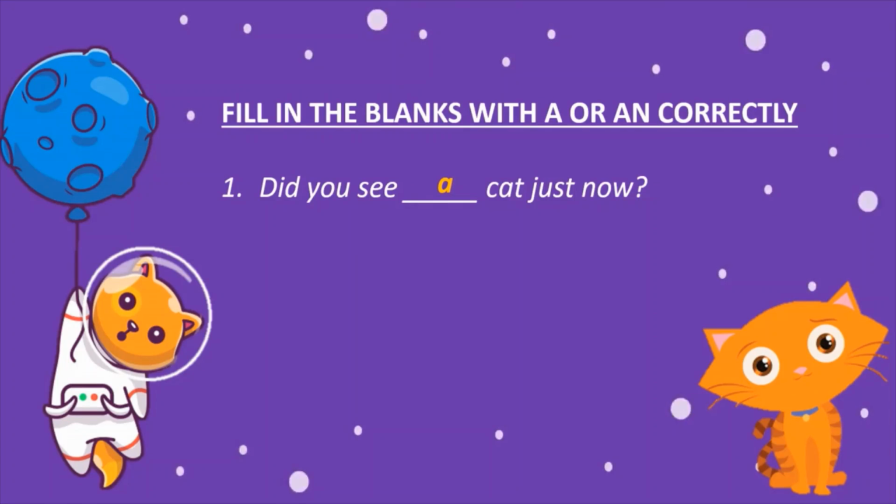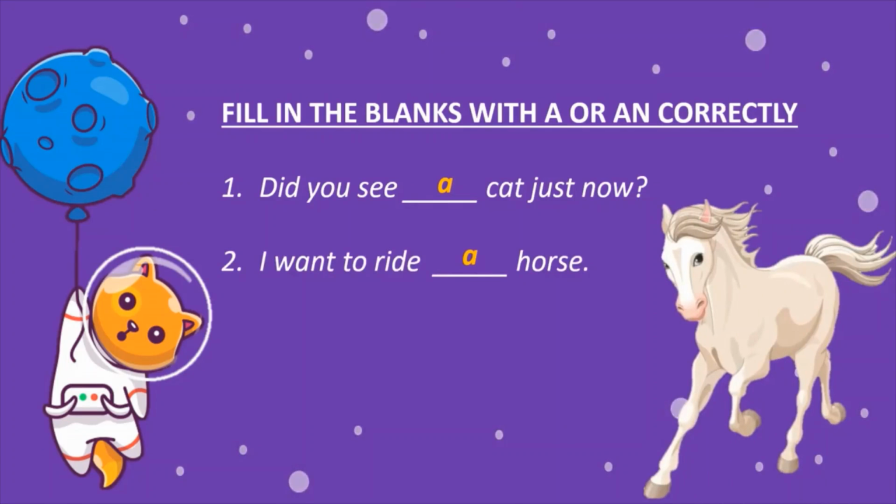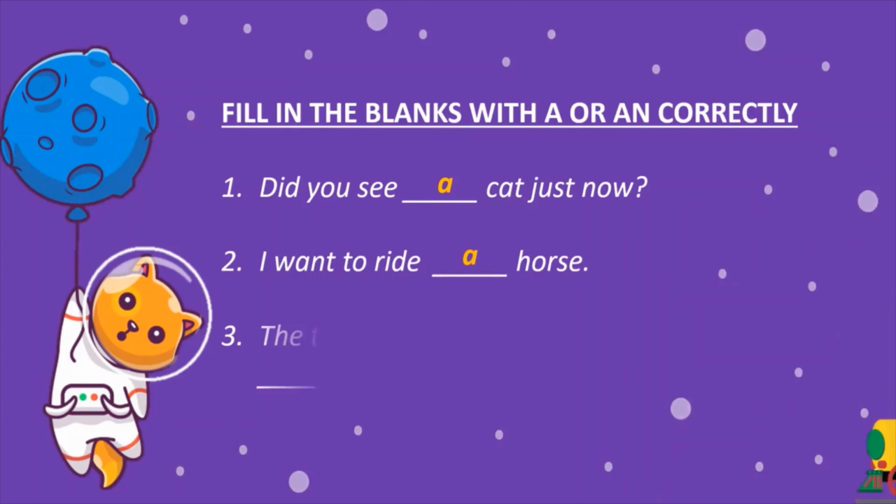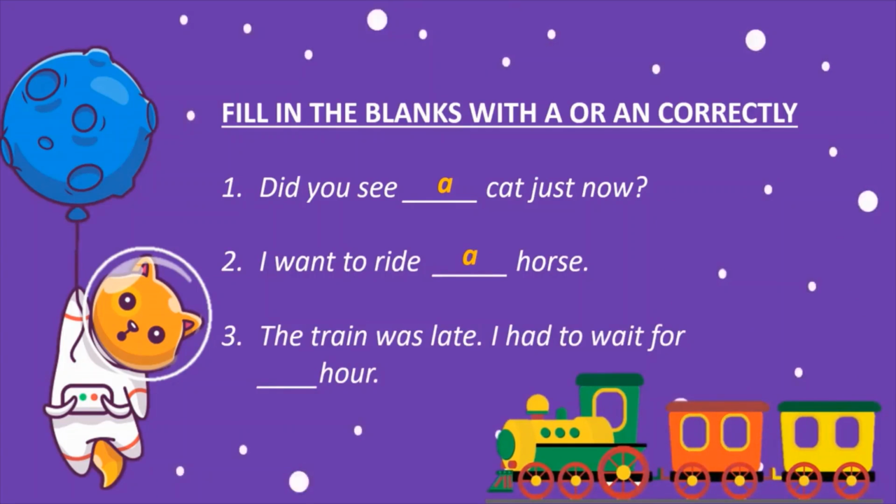I want to ride a horse. It is the same rule. Next sentence. The train was late. I had to wait for an hour. Here, you know, the alphabet H is silent and it sounds like O when we say hour. So we write an hour.